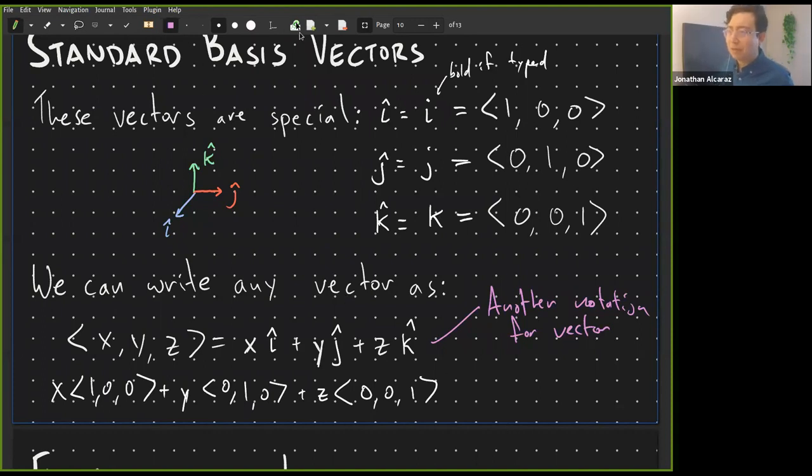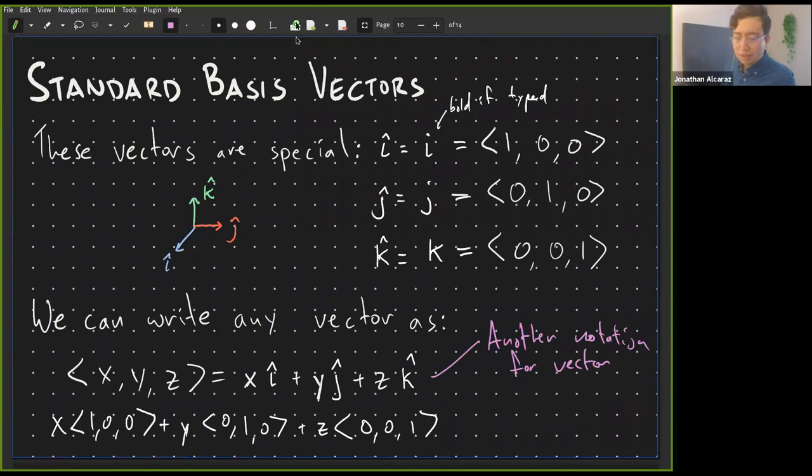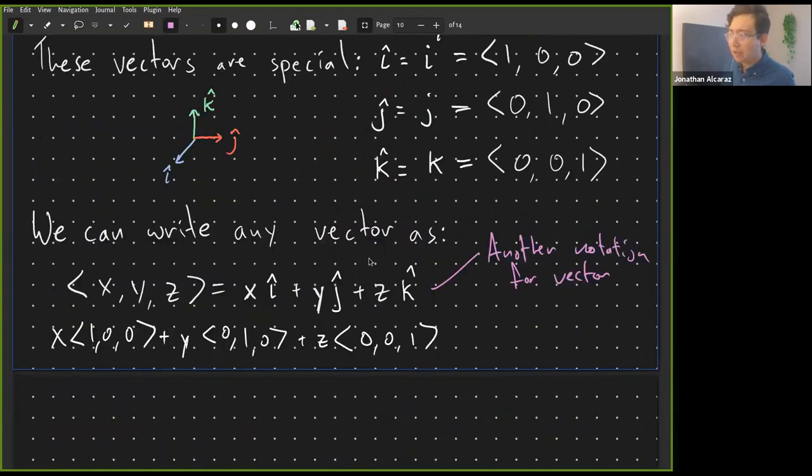So maybe I'll do this as a little example. I'll try to leave some space here so you can still see and jot things down.